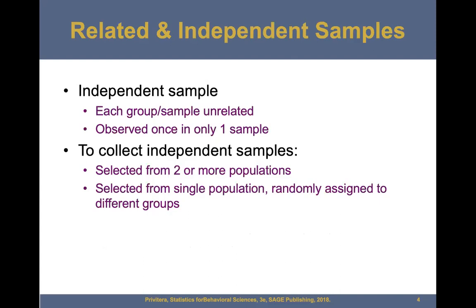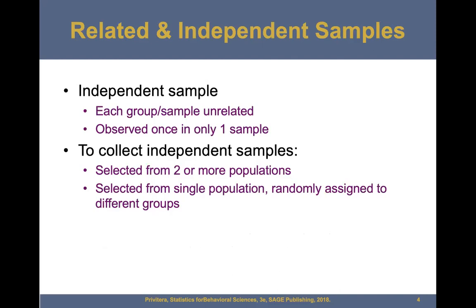Related and independent samples. In an independent sample, each group or sample is unrelated, observed only once. To collect independent samples, you select from two or more populations because they're independent of each other. You select from a single population or randomly assign to different groups.